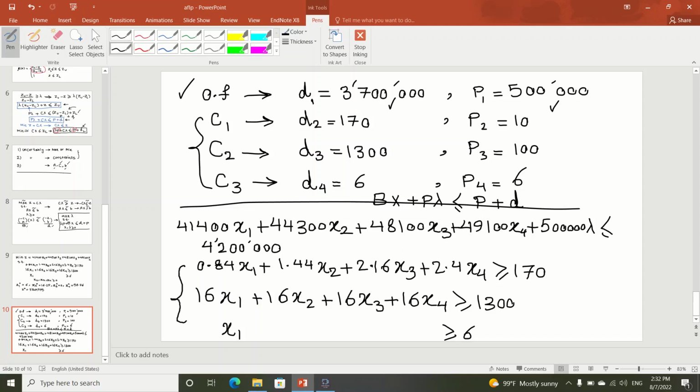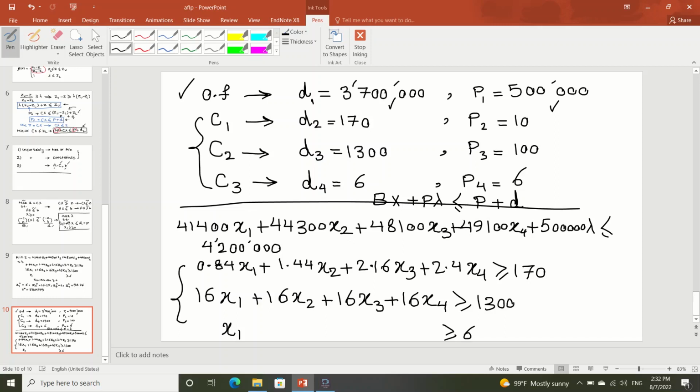As you see, there are three constraints. The first, the second, and the third constraint are greater than the right-hand side number. So we have two ways to complete this constraint according to the lambda for converting to the crisp constraint.